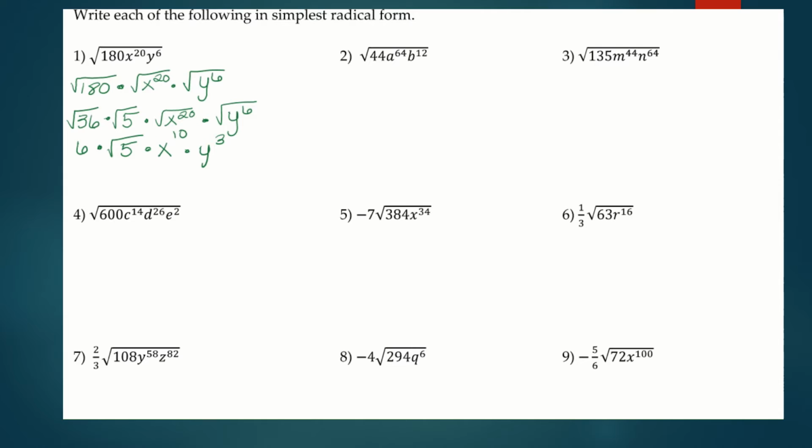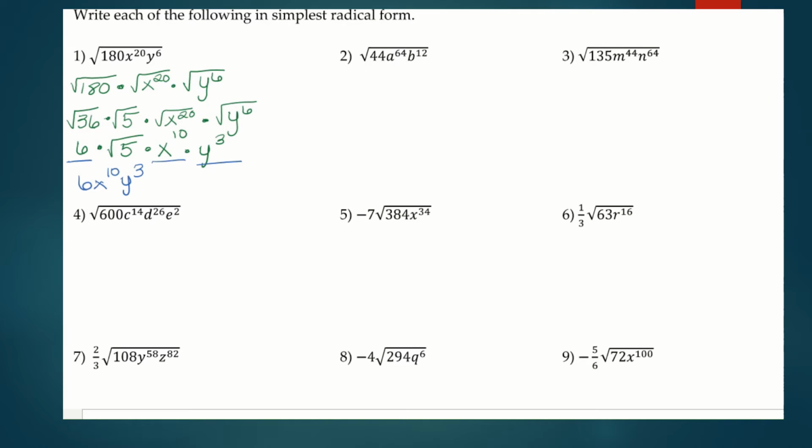All right, so now I'm going to take everything that is not underneath the square root and write that together outside on the left of the square root. So I'm going to take 6 and x to the 10th and y to the 3rd. When I write those as a multiplication problem, I would get 6x to the 10th, y to the 3rd, right?